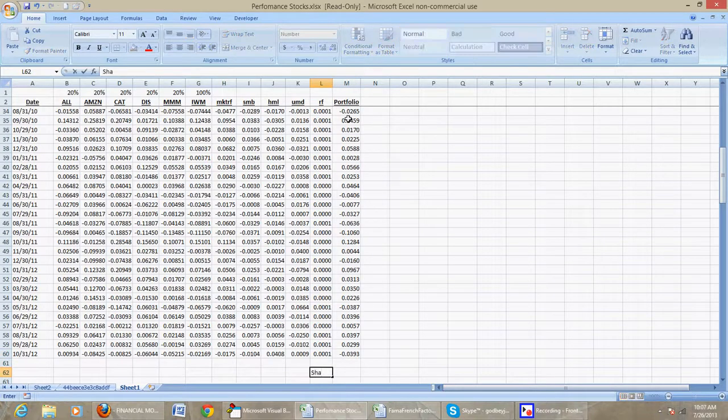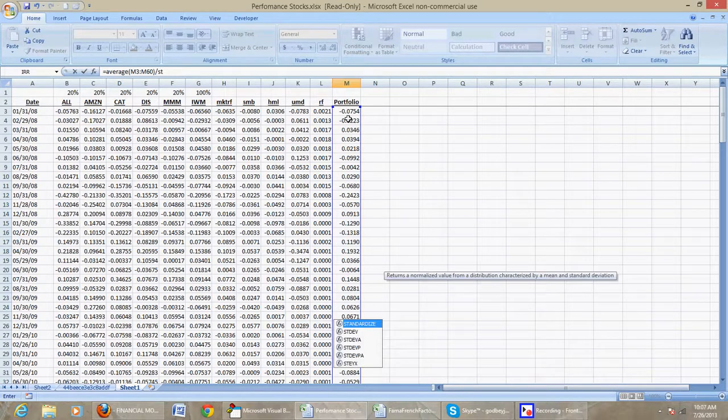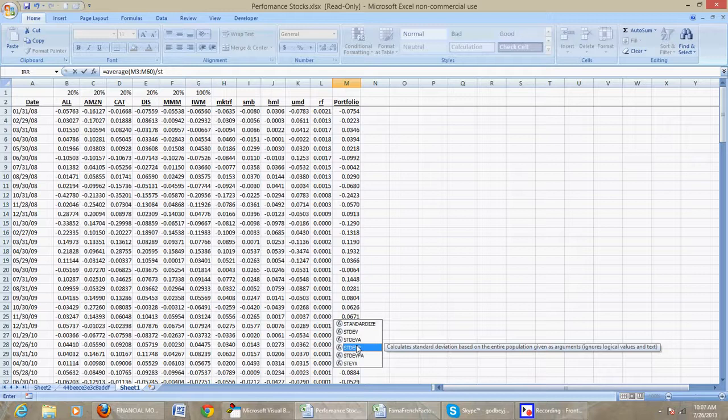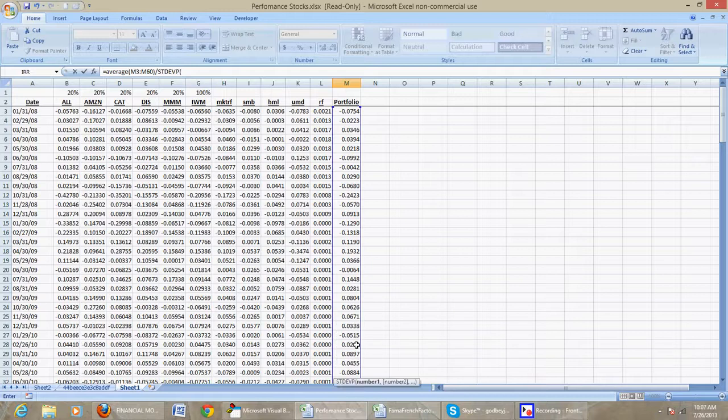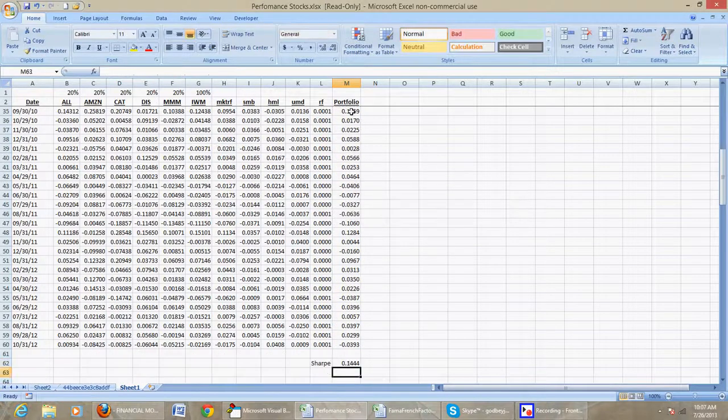So my Sharpe ratio is equal to that average, control up, right there, divided by the standard deviation of the same set of data, and there's my Sharpe ratio.